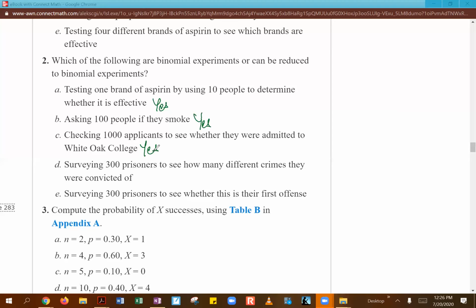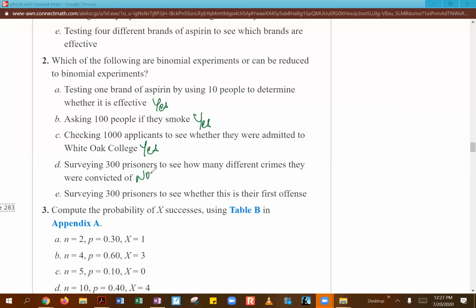Surveying 300 prisoners to see how many different crimes they were convicted of. Part B. Alexander, no. Kimberly, no. Lily, no. Okay, so can you give me the reason why this is no? So where is this failing?